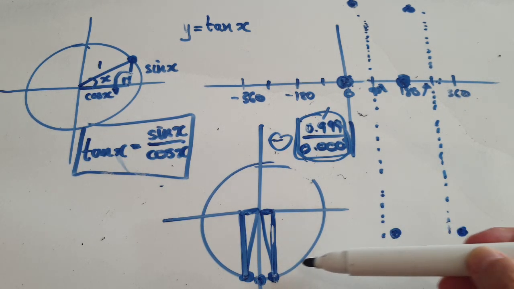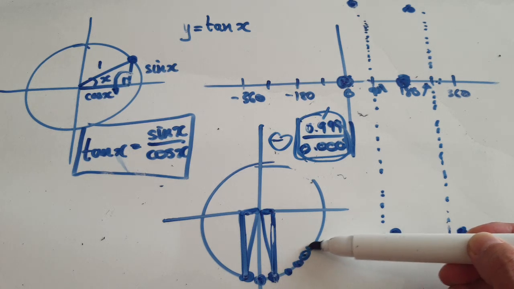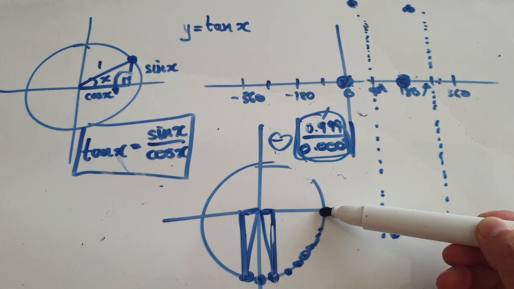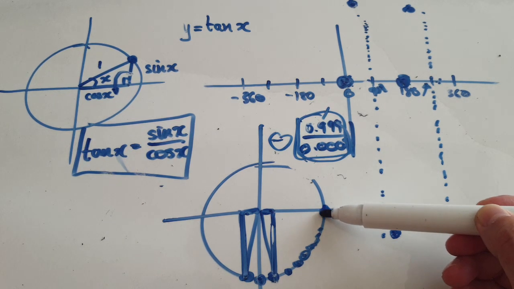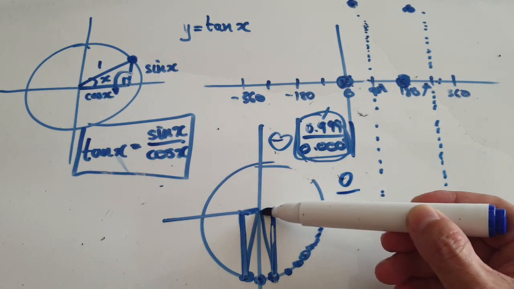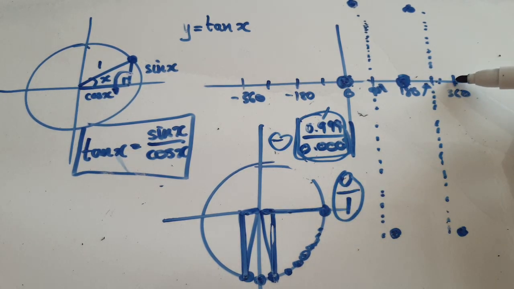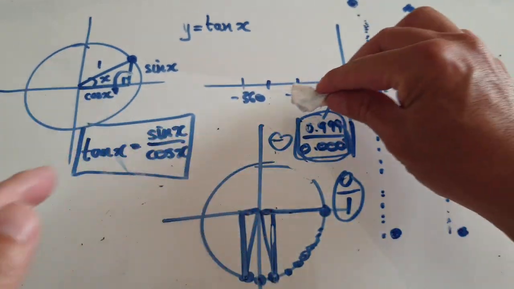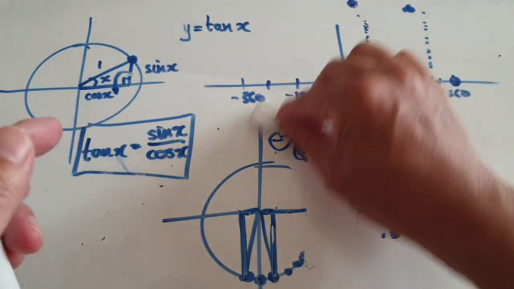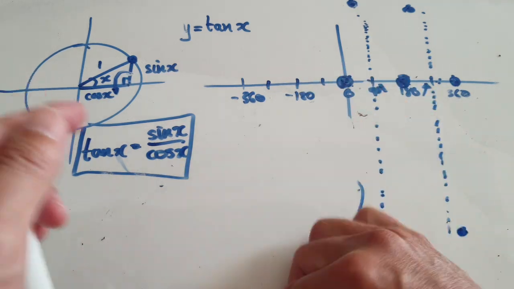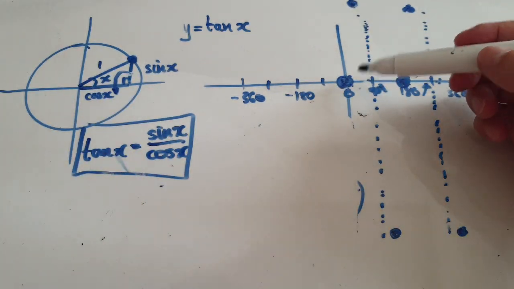And then continuing on our journey, by the time it gets to 360, you can use the height, which will be 0, divided by the cross, which will be 1, which will be back to 0. So at 360, it will be back at 0. So we know that the graph will look something like this. It must pass through here.